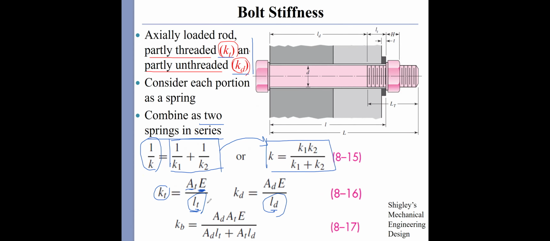Then we can plug these two values in and we get KB, where B represents the bolt. The stiffness of the bolt equals AD AT times the Young's modulus, supposing the bolt is made of the same material, divided by AD LT plus AT times LD.